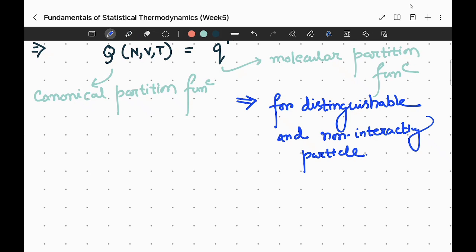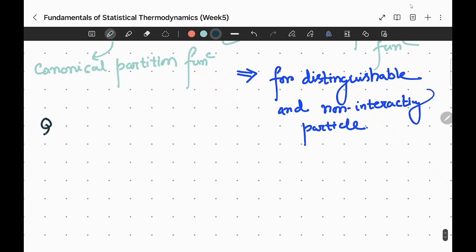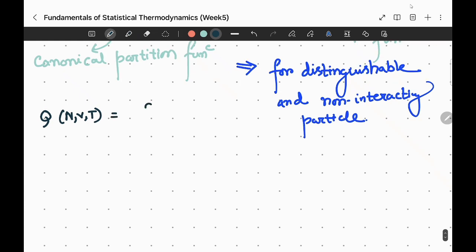But when particles are indistinguishable, then Q(N,V,T) is equal to q to the power N by N factorial. But this formula for indistinguishable particles is not a generalized formula. It's not always true.